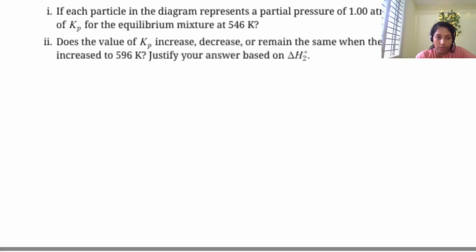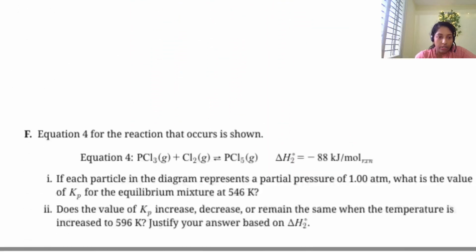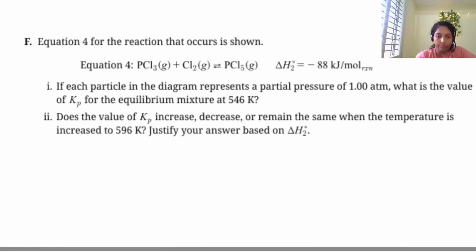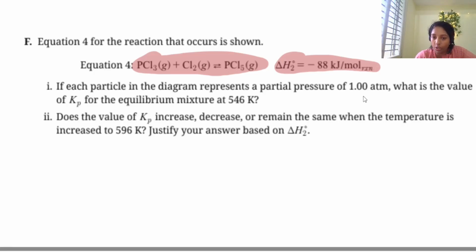Oh, they were already given the equation. So for the F part, equation 4, they were already given, and once again given here, and delta H2 is also given. If each particle on the diagram represents a partial pressure of 1 atmosphere, what is the value of Kp?